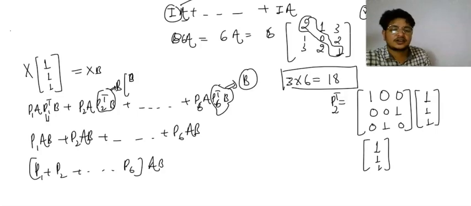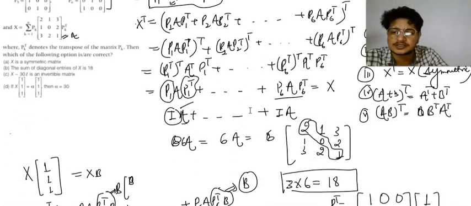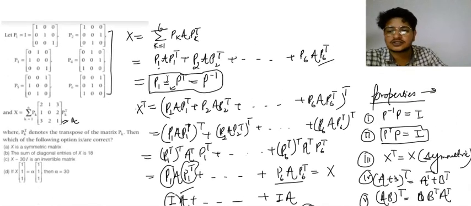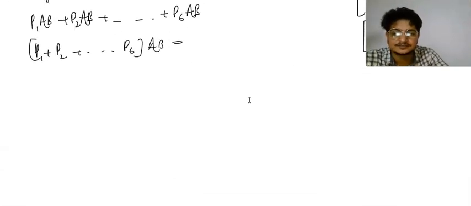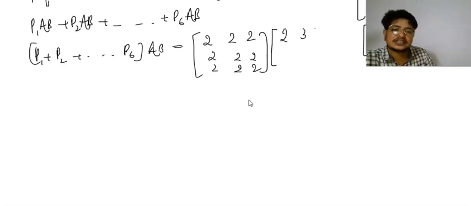Instead of P1, P2, let's add all these: P1, P2, P3, P4, P5, P6. If you add all these values, you will get 2 2 2, 2 2 2, and 2 2 2. And here you will get the value as 2 3 1, 1 0 2, and 3 2 1.